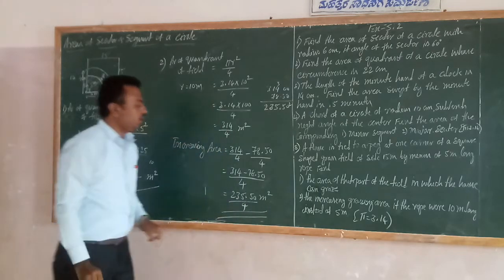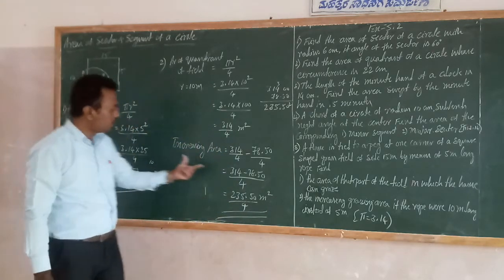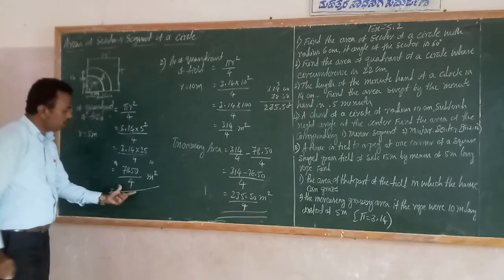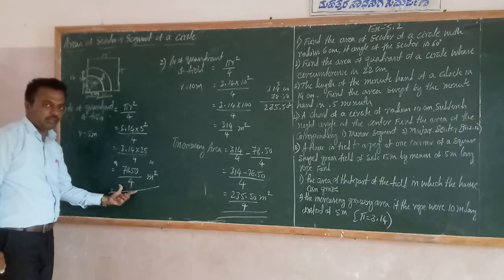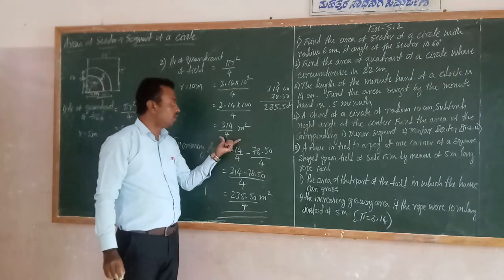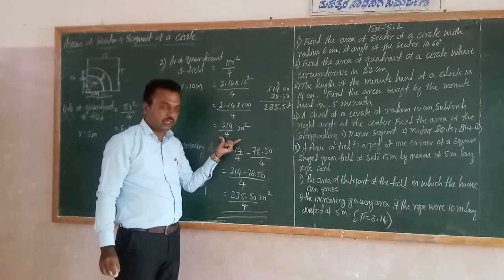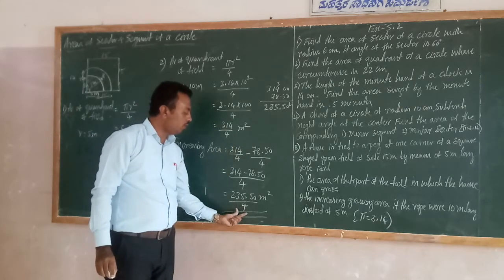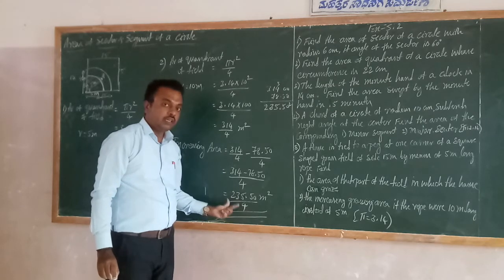That much area they are increasing. This is the increasing area. First with the 5 meter rope the horse grazes 78.50 by 4 meter square. With the 10 meter rope it grazes 314 by 4 meter square. The increase is 235.50 by 4 meter square.